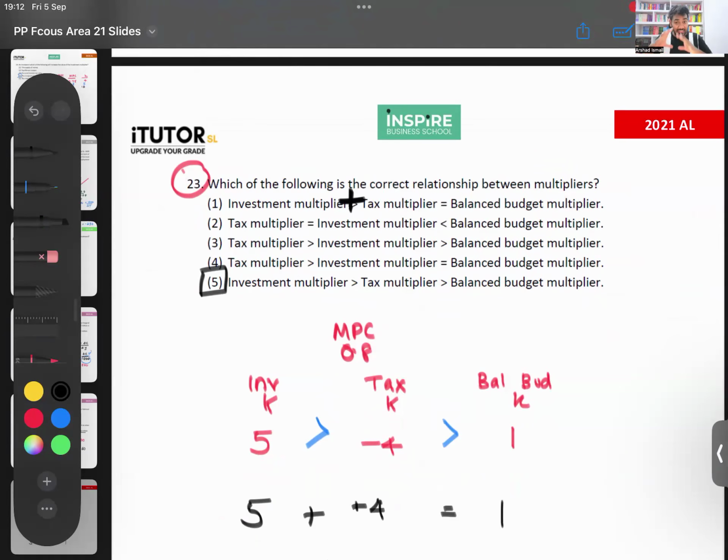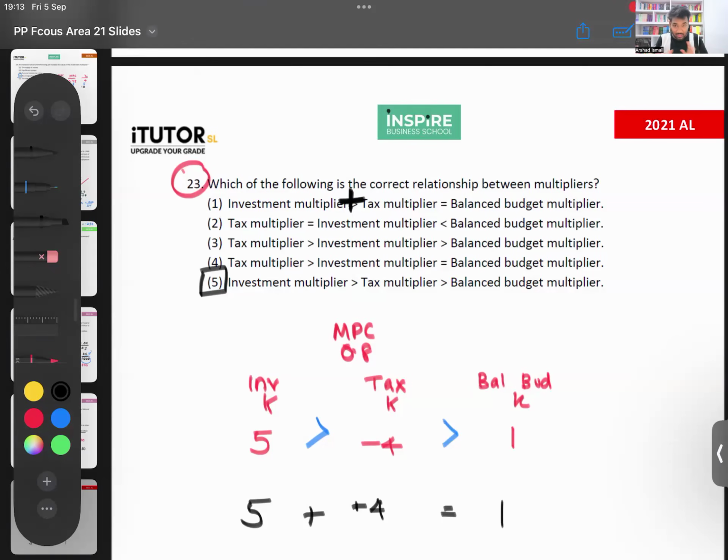So then the investment multiplier is greater than the tax multiplier is greater than the balance budget multiplier, because investment multiplier has a 5 times effect, assuming MPC 0.8. You can take a different MPC, you'll still get the same thing. So I'm assuming MPC 0.8 and I'm showing it to you with numbers. Investment multiplier has a bigger effect, tax multiplier has a 4 times effect, and this.